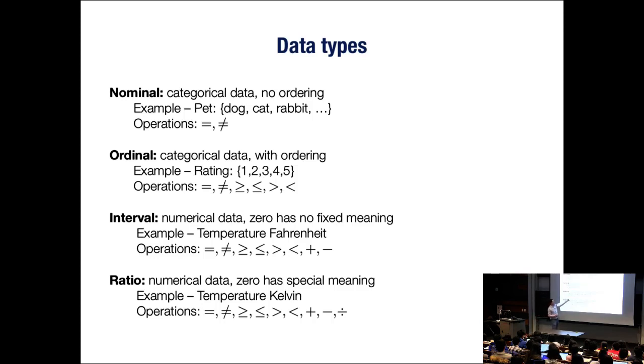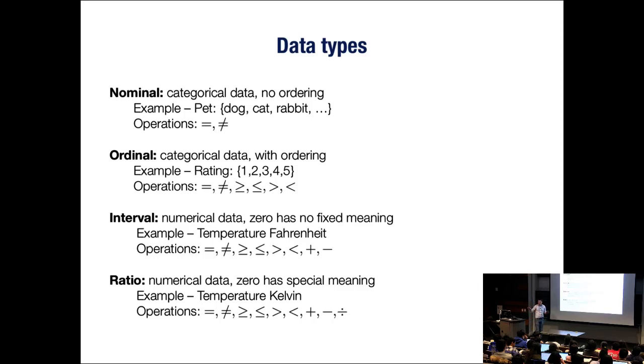Notice I can't do things, which I'm going to do later, like add or subtract them, because it doesn't make sense with something like ratings. They're not actually numbers. You can't say that the difference between 5 and 4 is the same as the difference between 4 and 3. All you can do is say that yes, 5 is greater than 3, and 5 is greater than 4, right?